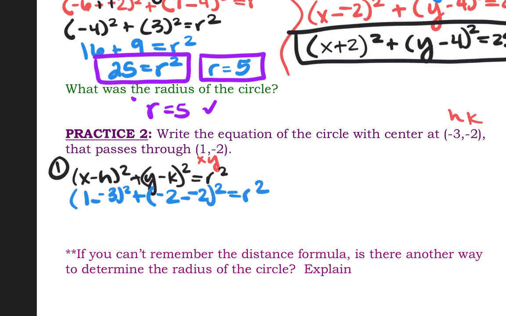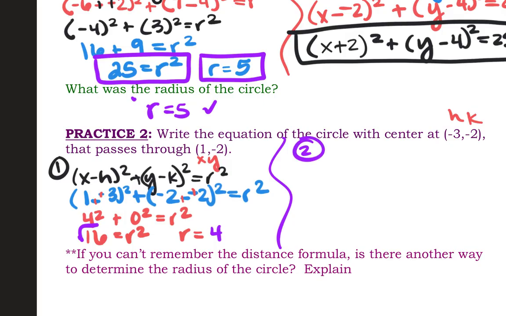Okay, and then the double negatives all turn into positives. So negative 1 plus 3 gave us 4 squared. What about negative 2 plus 2? 0 squared, and then r squared, right? So this should have just been 16 equals r squared. So our radius came out to be what? 4.